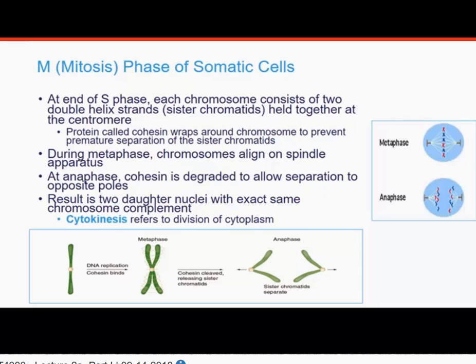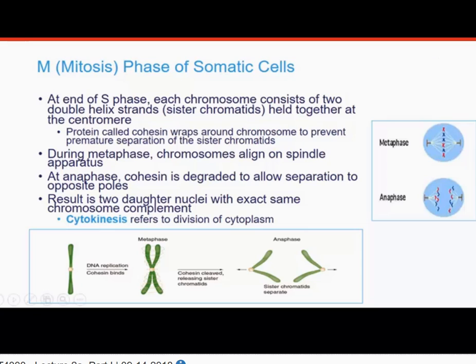So I think you may have talked about mitosis and meiosis, just seeing what your test questions were. So I won't spend a lot of time on this. During mitosis, the chromosomes that have been replicated, the sister chromatids, separate to opposite poles. Obviously with non-disjunction, that doesn't always happen.